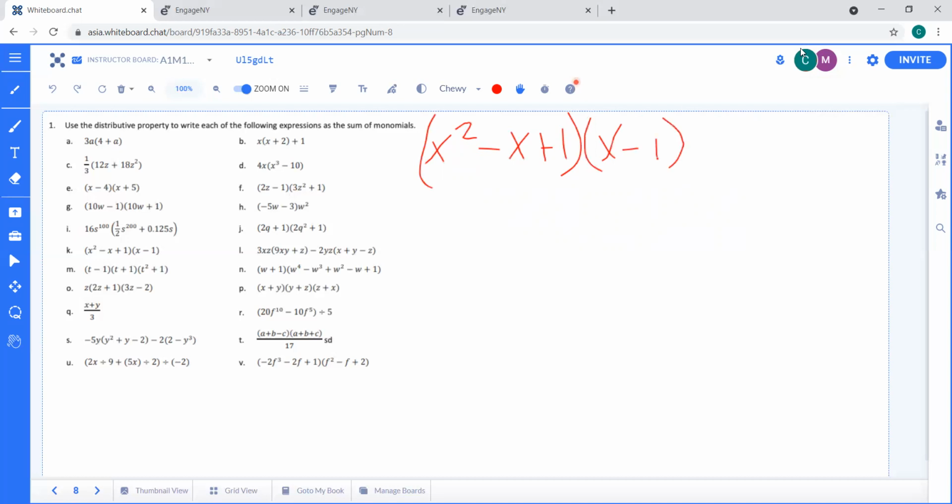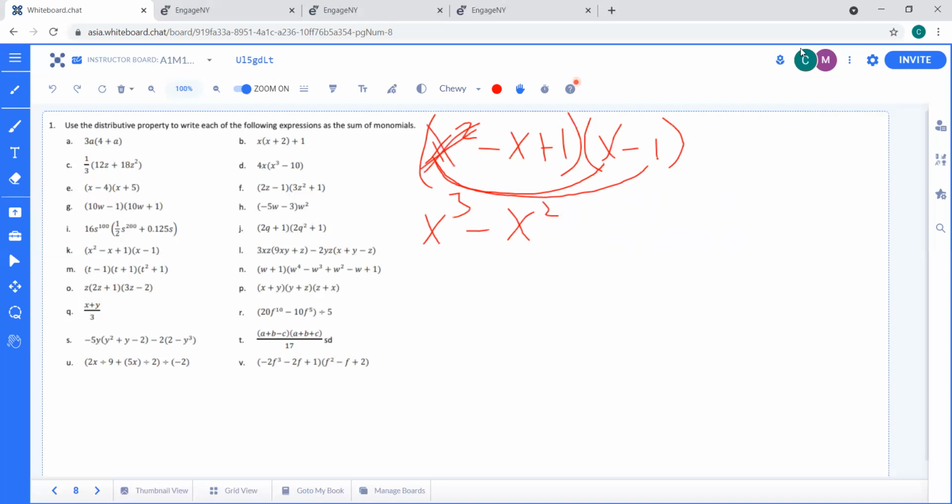Okay. So now then, whenever you have more than a binomial, I would just go ahead and go x squared times x is x cubed. x squared times negative 1 is negative x squared, and then cross it out.